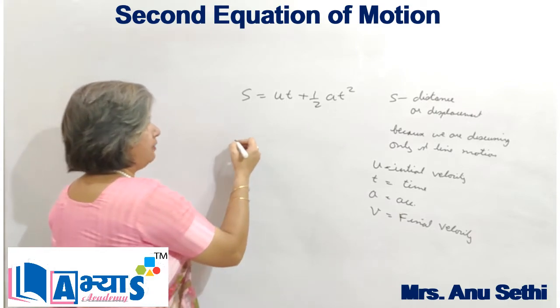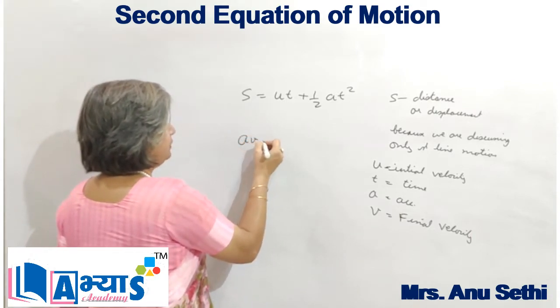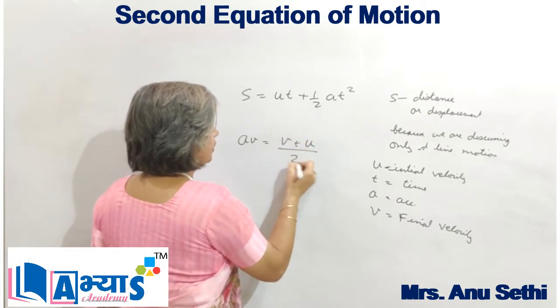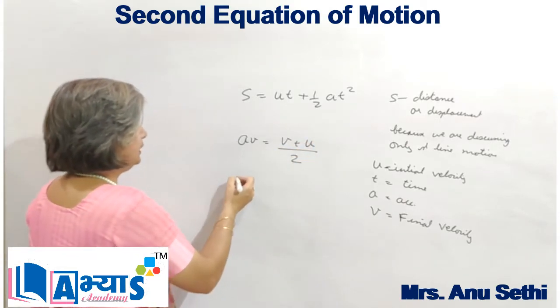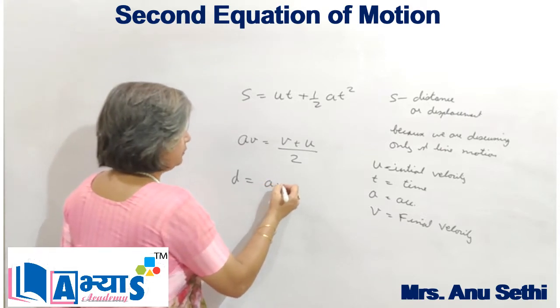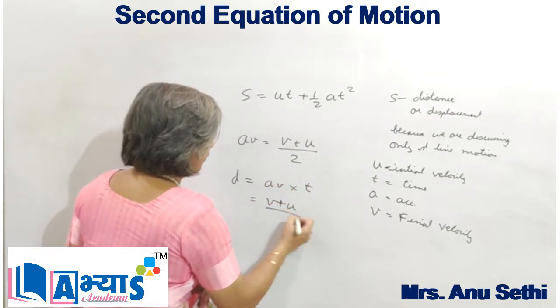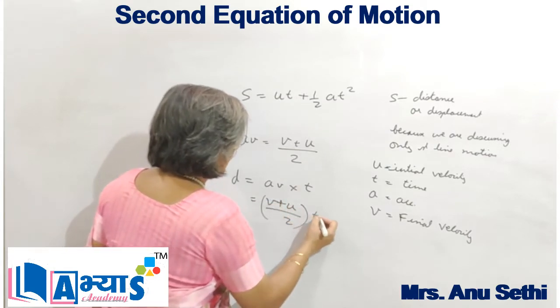Now we know that the average velocity is equal to initial velocity plus final velocity upon 2, and we know that distance is equal to average velocity into time, or v plus u upon 2 into time.